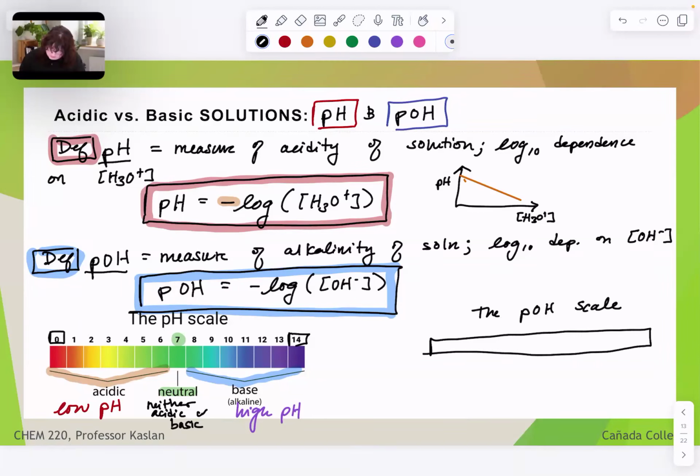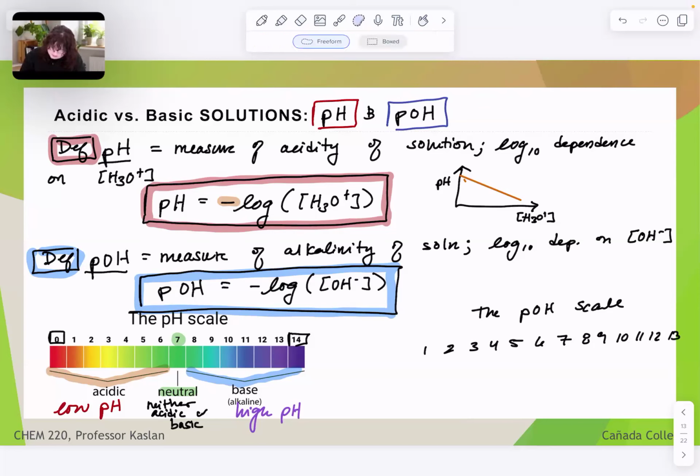So the pOH scale would run from 0 to 14. Oh gosh, how can I fit these numbers in? 1, 2, 3, 4, 5, 6, 7, 8, 9, 10, 11, 12, 13, almost. Let's move that over, and 14. There we go.